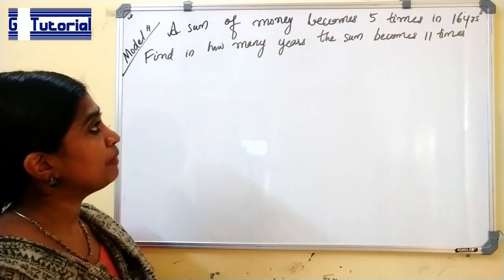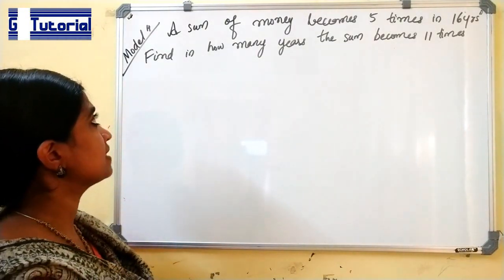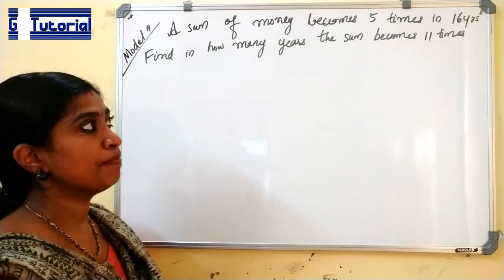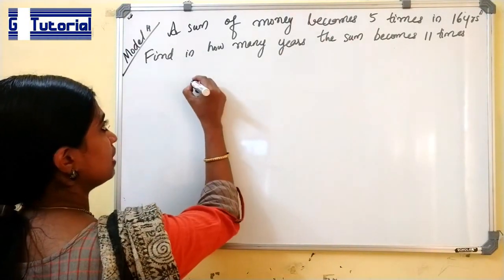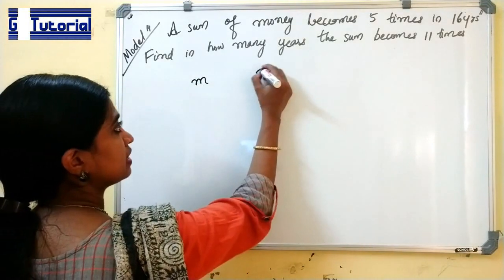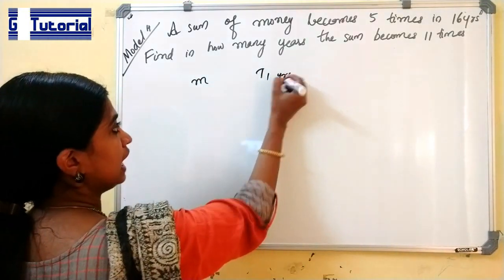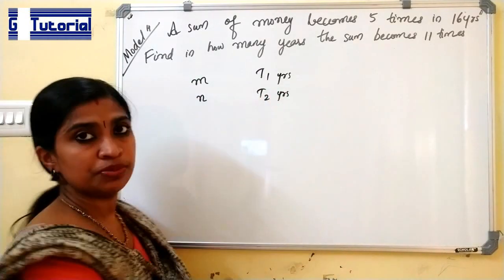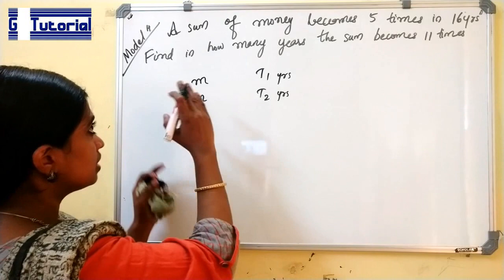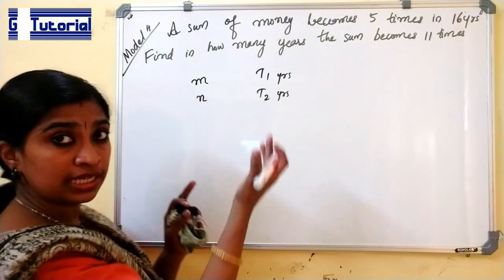A sum of money becomes 5 times in 16 years. Find in how many years the sum becomes 11 times. It is of this type of problem. If a sum of money becomes m times in t1 years, and it becomes n times in t2 years, then there is a relation between the times the money has risen and the years.